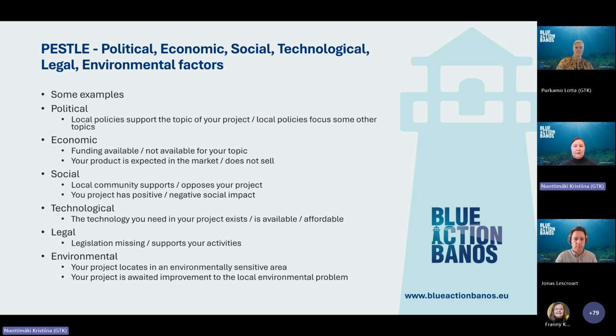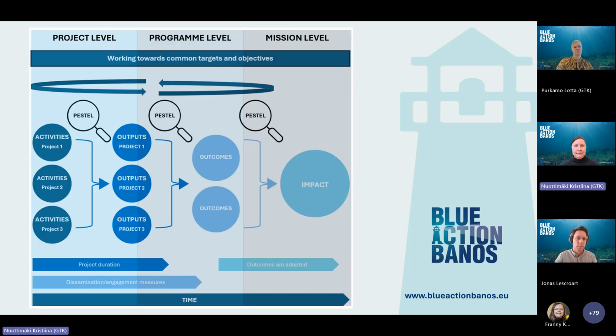So analyzing these already in the application phase helps you to plan your actions in a way that paves the way for the impact. And this is the same as an image where we combine the PESTLE lens to every phase of your project.